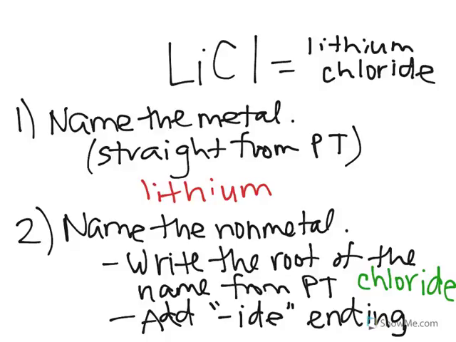So you might be asking yourself, how did I know that chlor was the root of chlorine? Well, let's talk about that. In your notes, I want you to go through and list the roots of all the nonmetals that we're going to be using in class. So first off, the root for oxygen is ox, just OX.